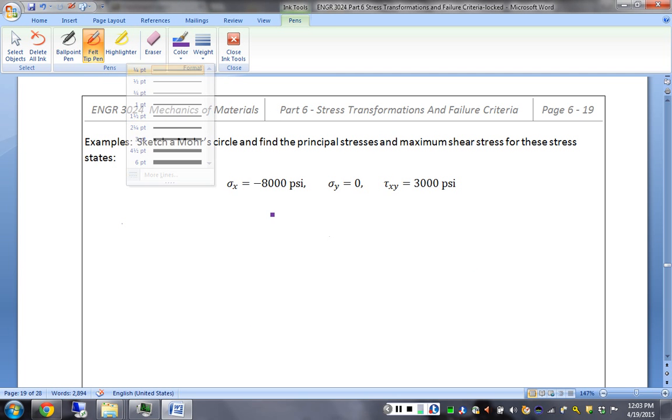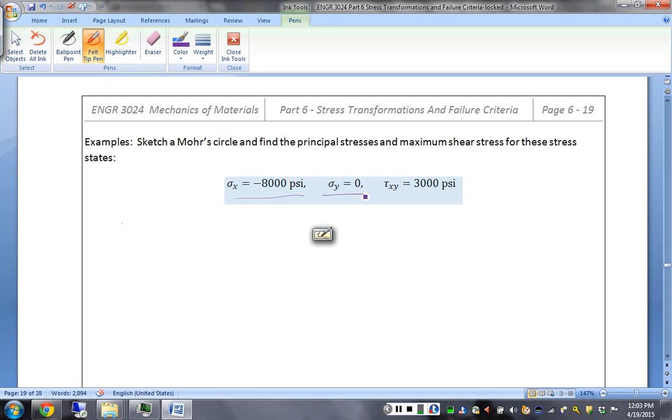So, if we have this stress state, we have x direction, 8,000 psi compressive. We have no stress in the y direction, and we have a shear stress of 3,000. If we draw this in our simple plane view, we have sigma x is compressive, 8,000.